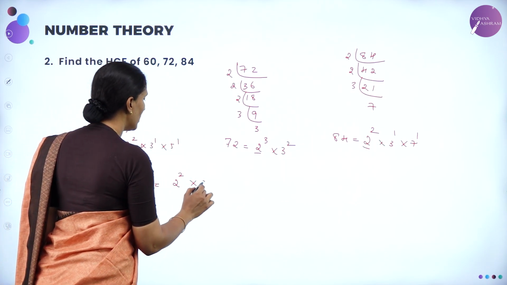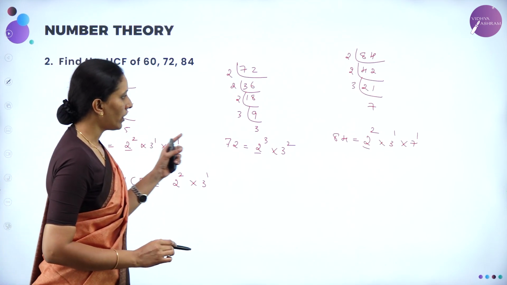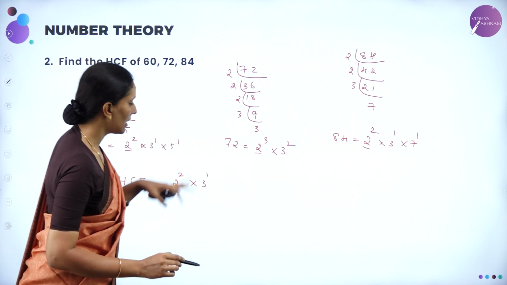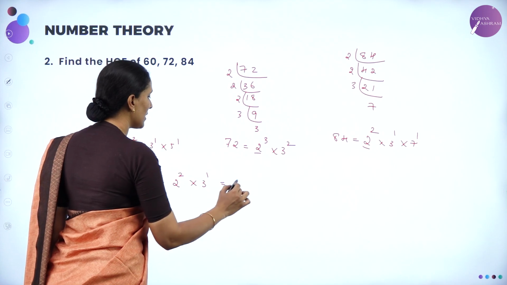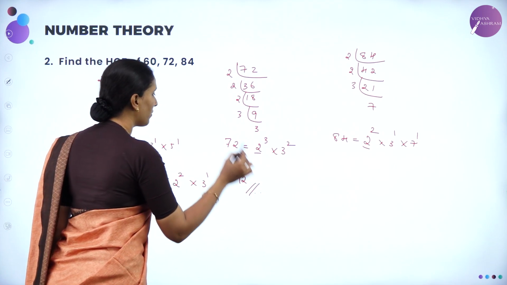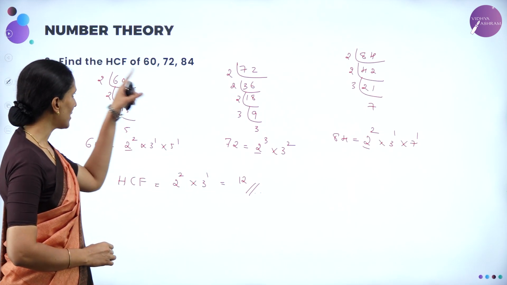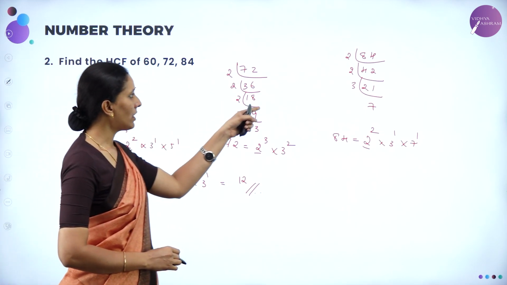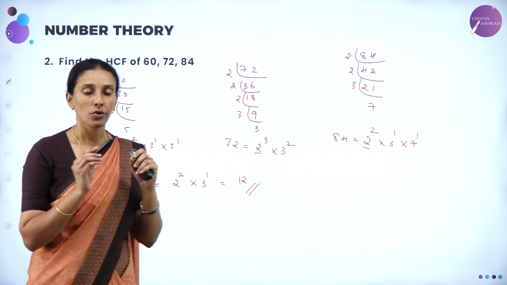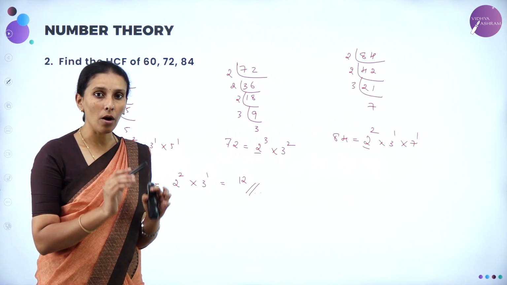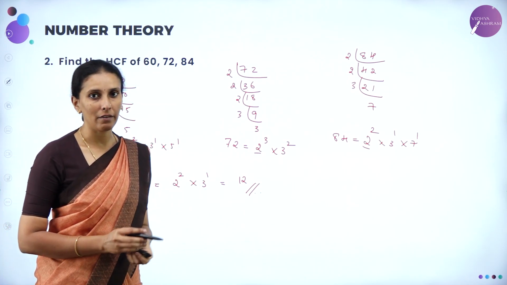So into 3 power 1. We don't have 5 as a common factor, neither 7. So it is 4 3s are 12. So the HCF of the given numbers is 12. That means 12 is the common divisor which divides 60, 72 as well as 84. So HCF is nothing but the common divisor which divides the given numbers.